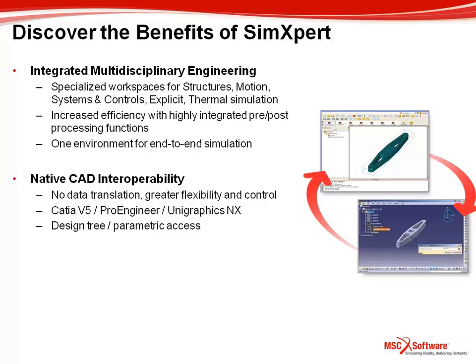That's not to say we don't support Parasolid import. I'll be talking about that in a few slides, but we do support Parasolid import for all the leading CAD solutions, and this year we have expanded that support to include SolidWorks and Inventor.